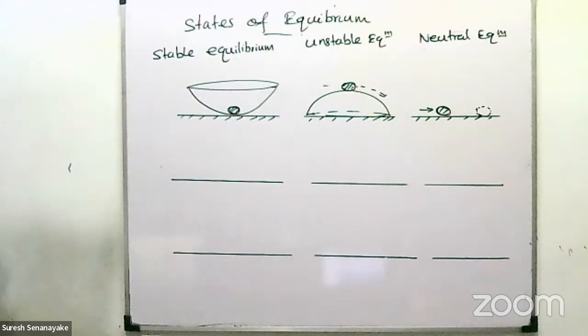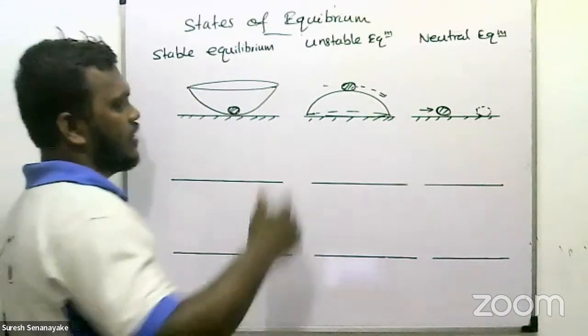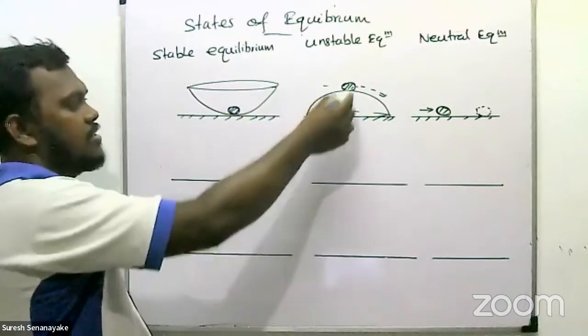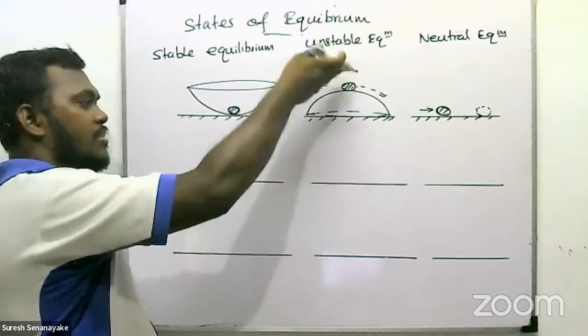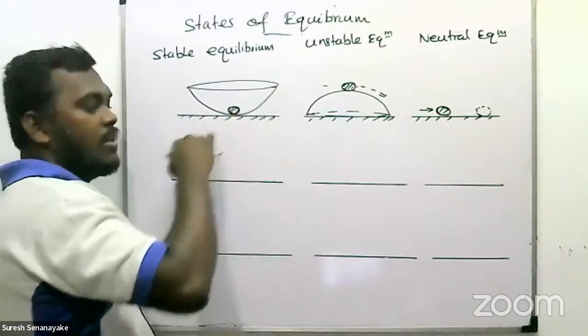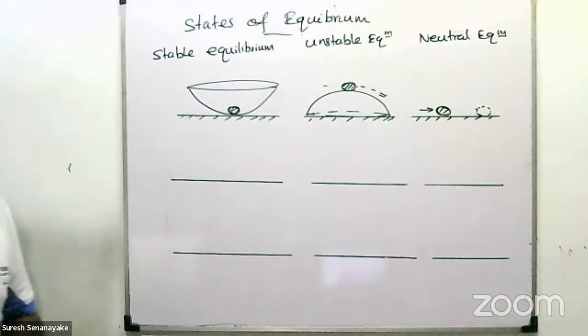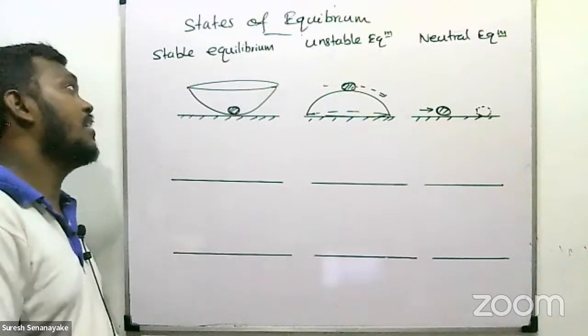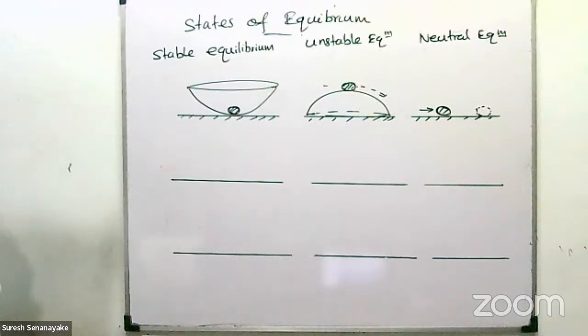In these cases, you can see that the center of gravity is much above in this case, and close to the surface in the other. So normally in stable equilibrium, the center of gravity should be low.